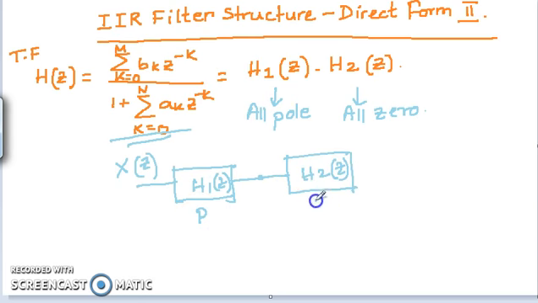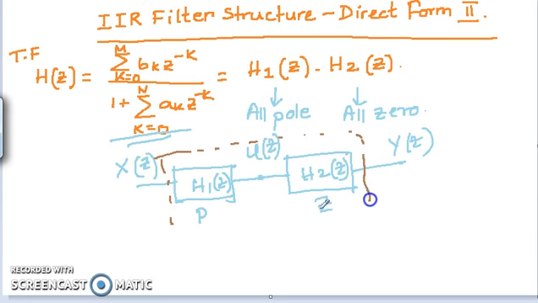The intermediate part I am taking as U(z). Clear? At the end we are getting Y(z), because basically this is the total system, the IIR transfer function.